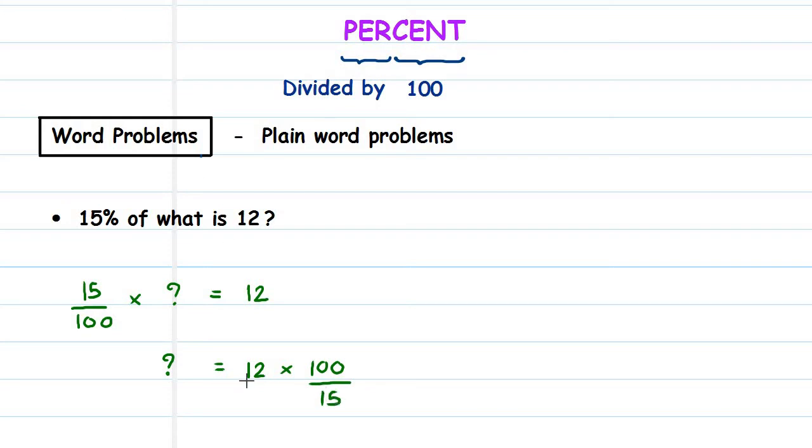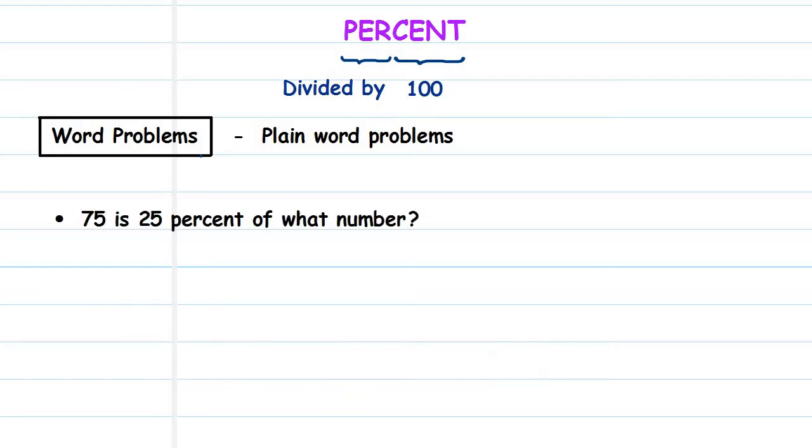We can simplify this. This is going to give us 4. This is going to give us 5. And then this is going to give us 20. So 4 times 20 is 80. And this is the answer. 15% of 80 is 12.